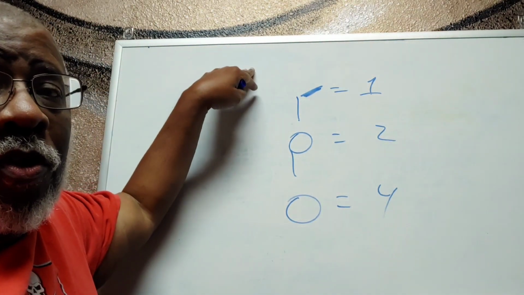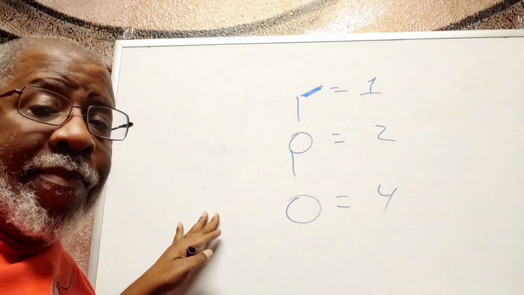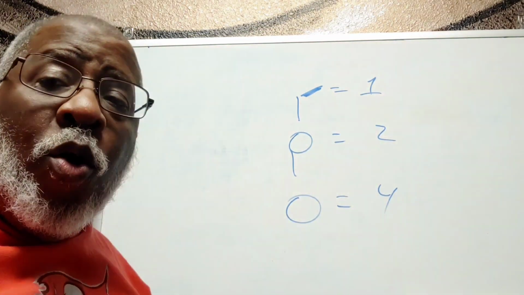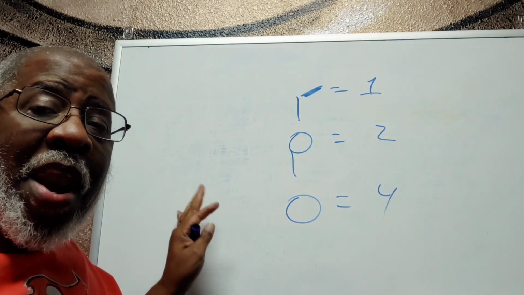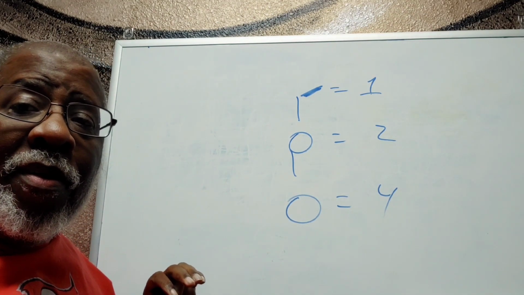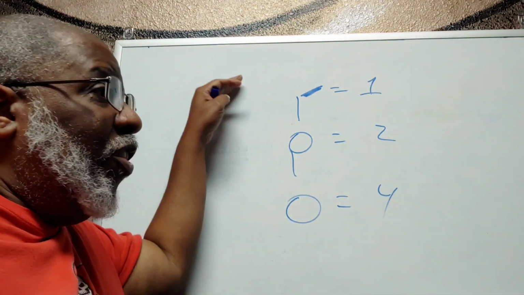One count, 2 counts, 4 counts. We need to know what the note is called, how to finger it, and how long to play it. Easy enough? And that's the double.